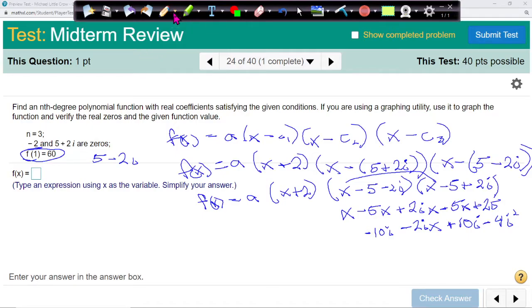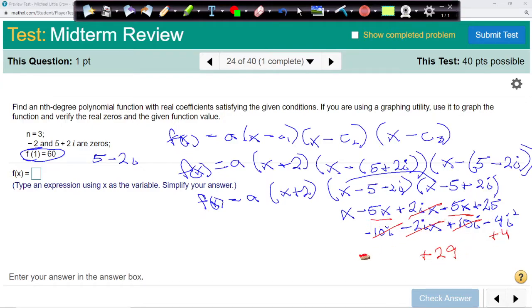But before we do that, let's combine like terms. Got a -5x and another -5x, so those will combine. But notice this, we got a plus 2ix and a minus 2ix. Those are 0. We have a -10i and a positive 10i. Those are 0. That's what we were hoping for, getting rid of these. And then this becomes a plus 4 because i squared is equal to negative 1. So you get negative 1 times negative 4 gives us a plus 4. So we got plus 25, that's going to give us 25 plus 4 is 29.